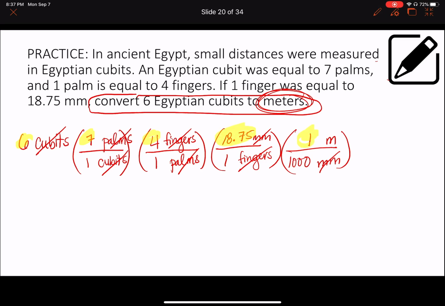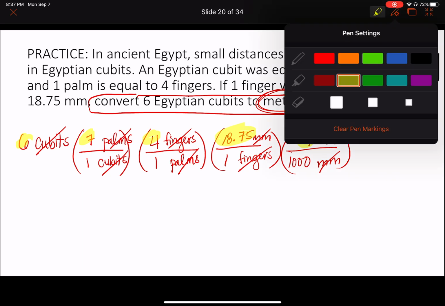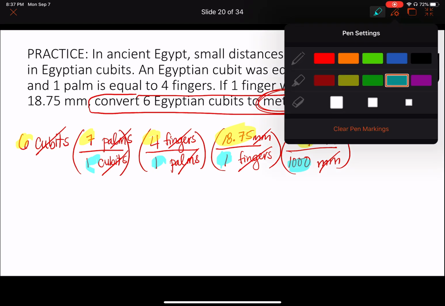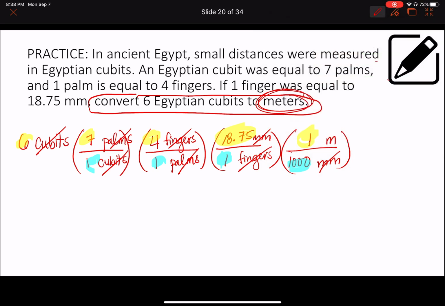And then everything that is down here, which is a bunch of ones and 1,000, you're going to divide. So you can take your calculator and do that. Hopefully at the end, your answer should be 3.150 meters.